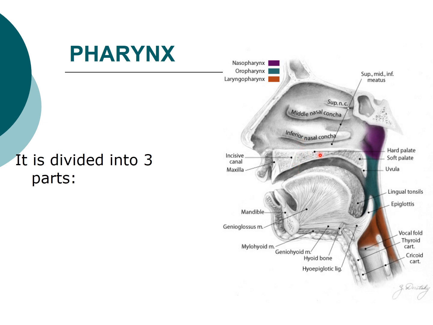This is the hard palate, soft palate, uvula. This is the tongue, and this is the epiglottis. This is the larynx. This is the pharynx. It extends here from the base of the skull to the lower border of C6.